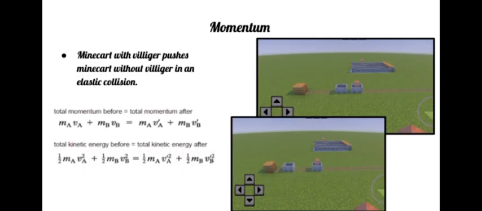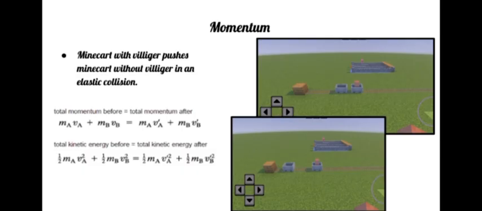The first equation above shows the total momentum being conserved, written as ma times va plus mb times vb equals ma times v final a plus mb times v final b, which proves that the total momentum before equals the total momentum after.